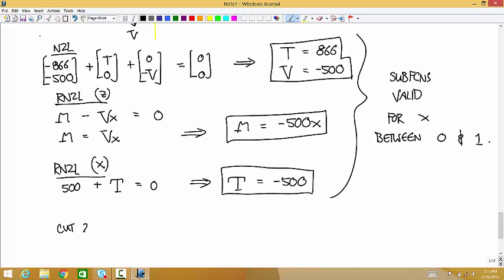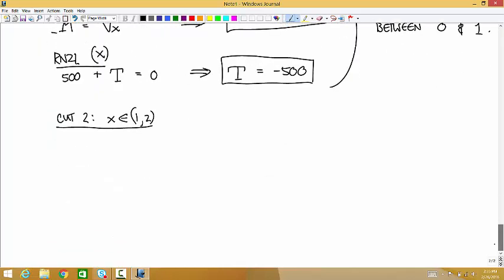Okay, so the second cut, what's the interval for cut 2? Yeah, x between 1 and 2. So here's the whole thing. So what are we going to isolate?